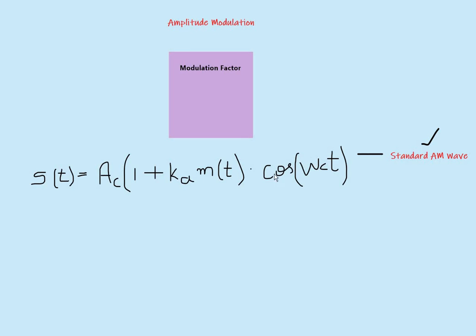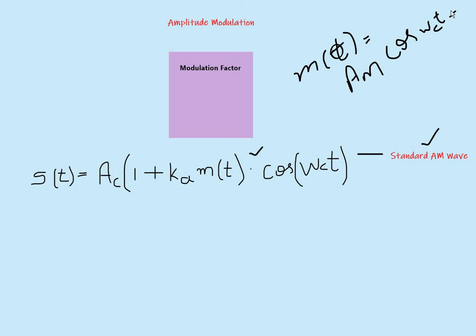So we have to make some changes over here. We know the equation for m of t. m of t is nothing but the message signal, which was equal to Am into cos omega ct plus phi.